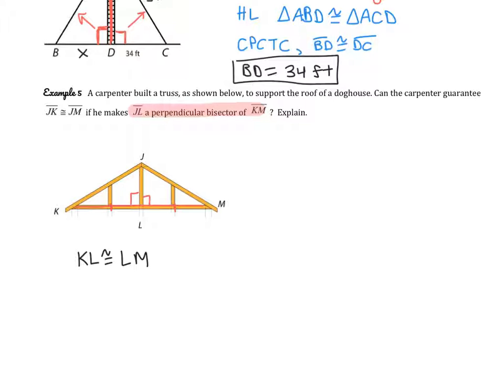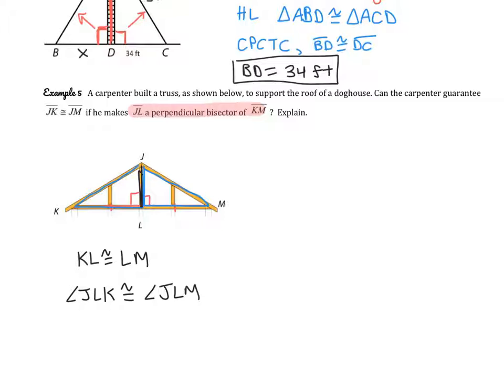Our job is to determine if we can show in some way that these two triangles are congruent. Let's see again what we know. KL is congruent to LM, because they told us it's a bisector. Angle JLK is congruent to angle JLM, because the line is perpendicular, so both of these are 90.